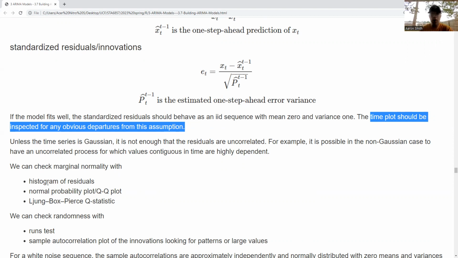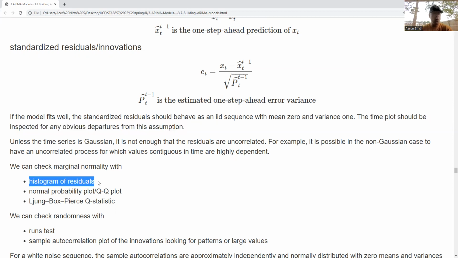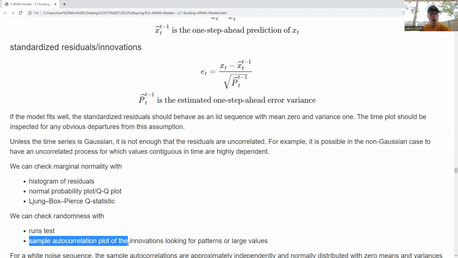So, all right, we're going to check the normality assumption by using, first and foremost, a histogram of the residuals. We'll look at the normal probability plot, the QQ plot, and we can also use that Q test statistic that we looked at a moment ago in the diagnostic plot. When we check for randomness, like uncorrelated, we can also do a runs test, and we can run sample autocorrelation plots on the residuals, looking to see if there are patterns or large deviations.